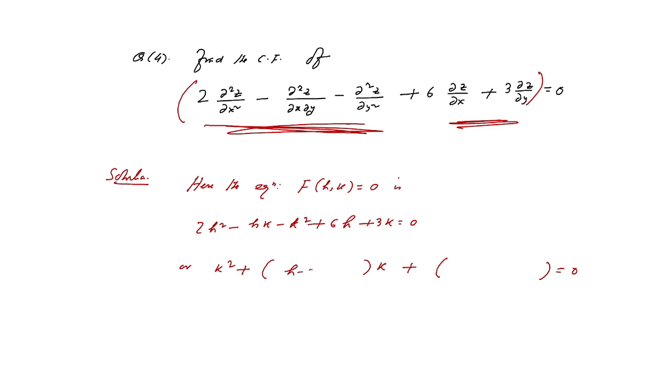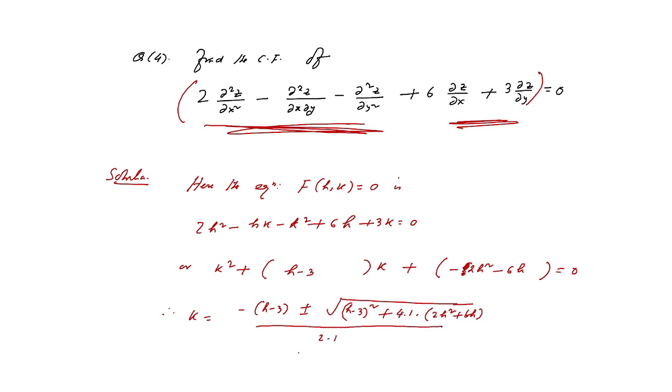So that will be k square plus (h minus 3) k minus (2h square plus 6h) equals 0. So what will be the value of k? k will be minus (h minus 3) plus minus root under (h minus 3) whole square minus 4ac, that is 2h square plus 6h, by 2 into 1.